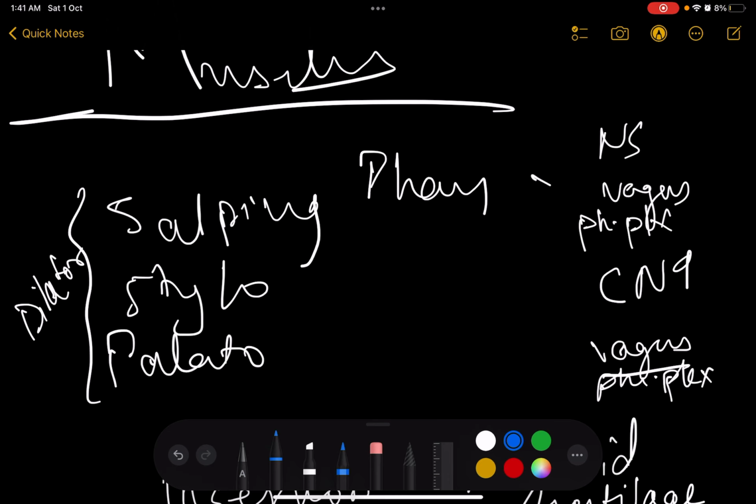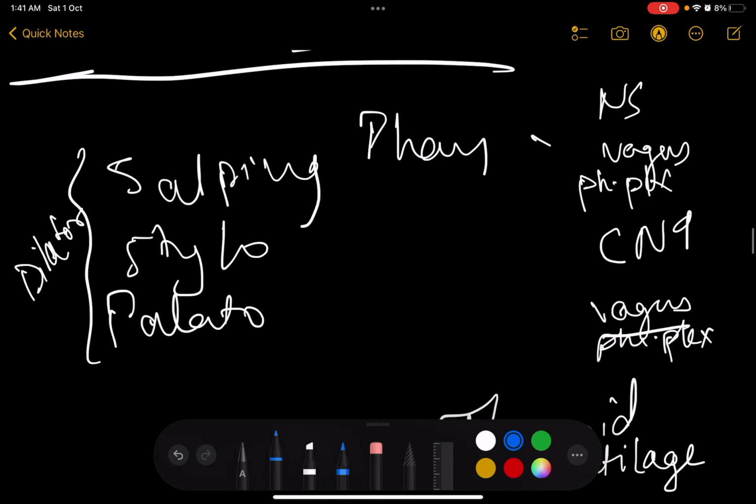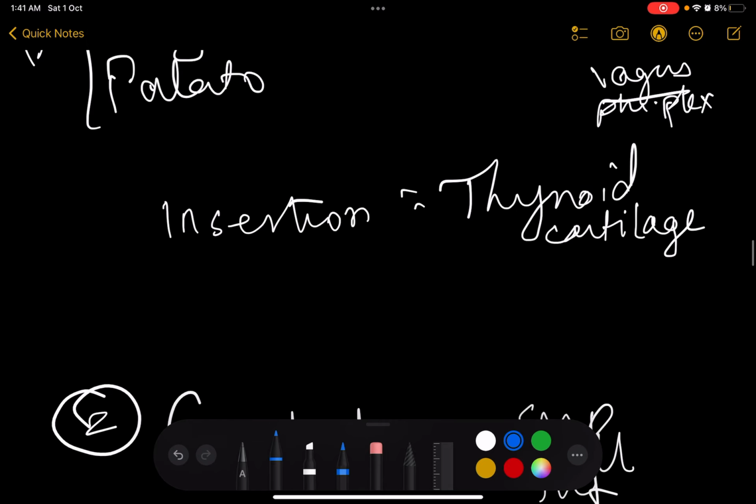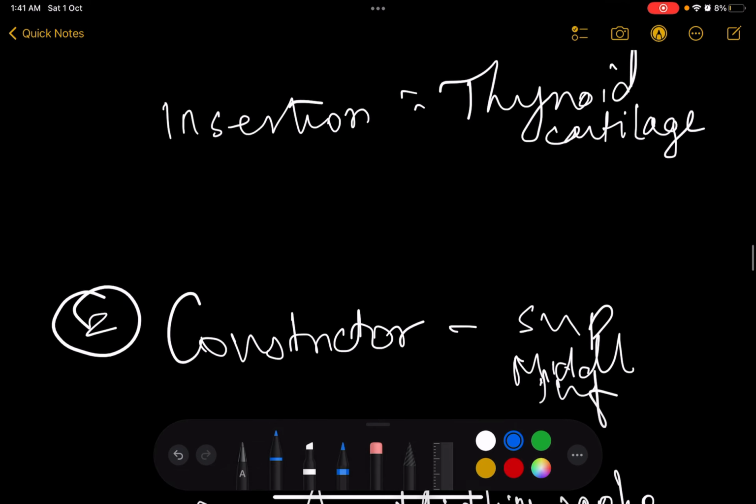Stylo is from the styloid process, and palato is from the palate of the oropharynx, and they go and attach directly on the thyroid as a single aponeurosis. What they do is they all are dilators of the pharynx. All of them have nerve supply by the vagus via the pharyngeal plexus, except the stylopharyngeus, which is supplied by the glossopharyngeal nerve. Important is that these dilators, these longitudinal muscles, are the inner ones, and the circular ones are the outer ones.